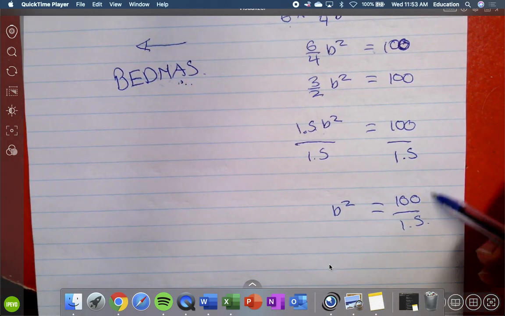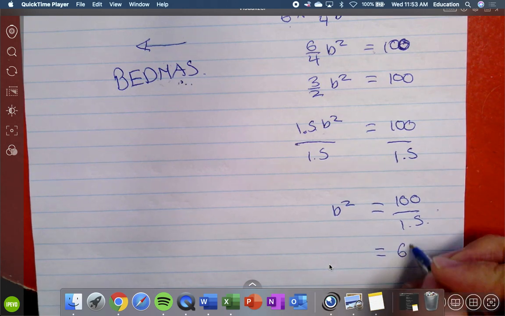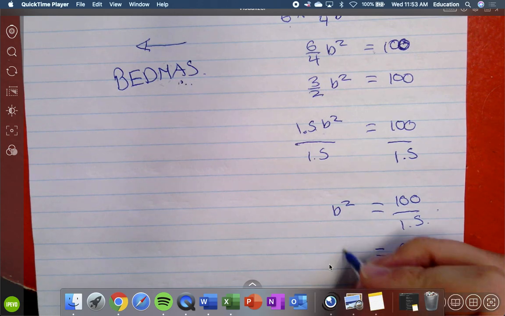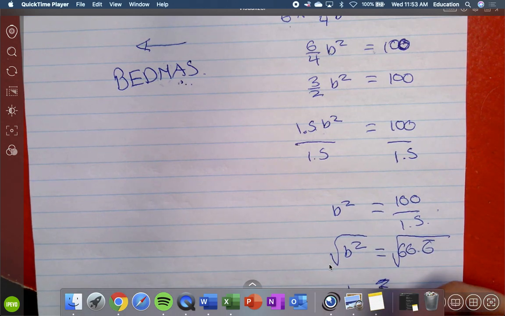So 100 divided by 1.5 is I think 66.6. And then whoever said square root, you're correct. You do the square root of this. So the square root of 66.66 is really, so b is equal to 8.16 centimeters.